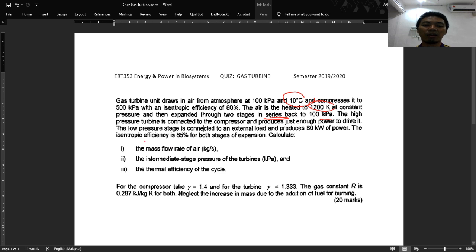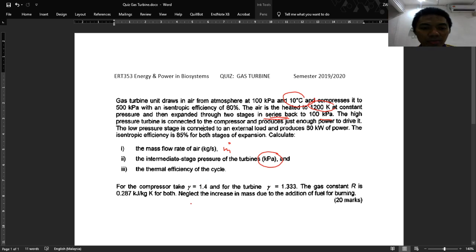Okay, and calculate the mass flow rate or m dot of the air in the cycle, the intermediate stage pressure of the turbine in kilopascal, and the thermal efficiency of the cycle.